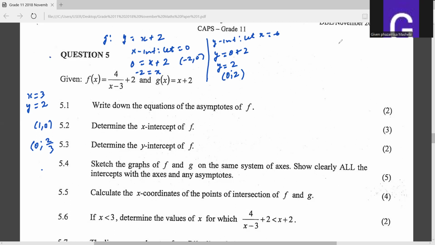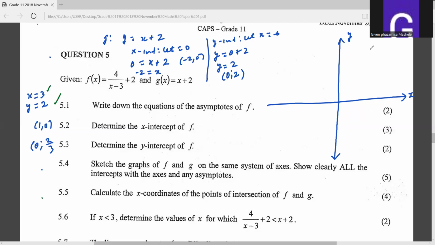Sketching the graph, it will be the graph. So we have the x and the y. Then let's now draw the asymptotes. First of all, our asymptotes are x equals 3 and y equals 2.